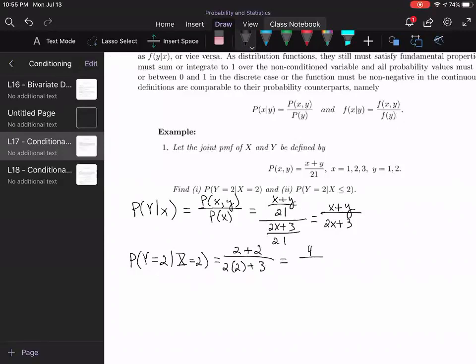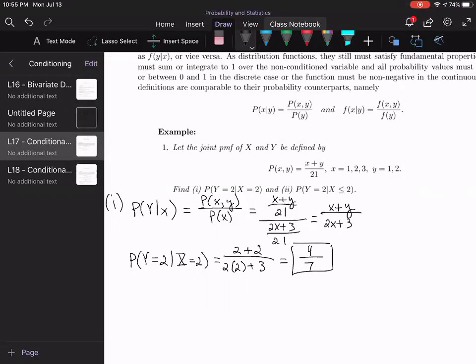So you get 4 over 7, and that's your answer. So it seems fairly straightforward. There shouldn't have been anything that is unexpected. Where the unexpected might come in is with the second case, part 2. So let's go ahead and take a look at that.